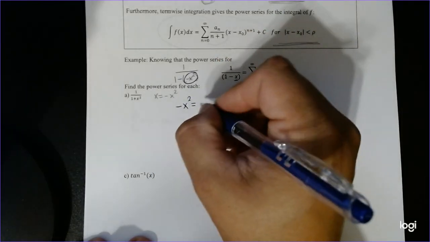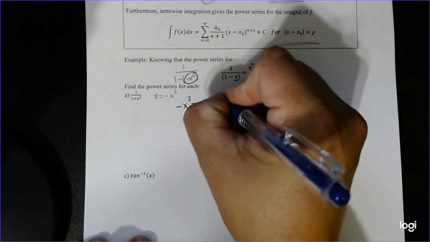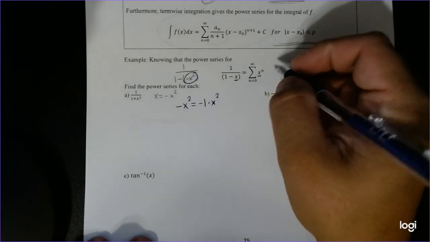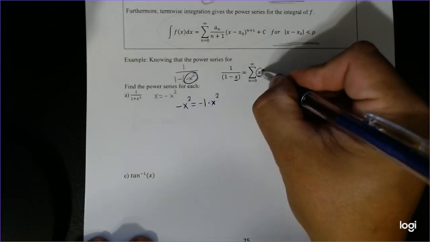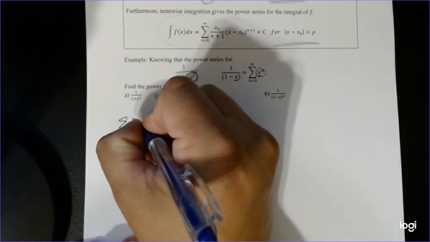So let's look at this process more closely. Technically, this is negative 1 times x squared, right? Because that negative is on the outside. So now if I raise this to the nth power, right now we just have the sum of this happening.